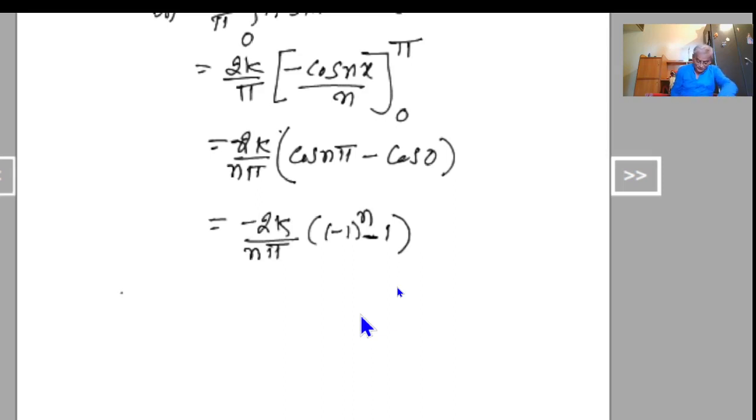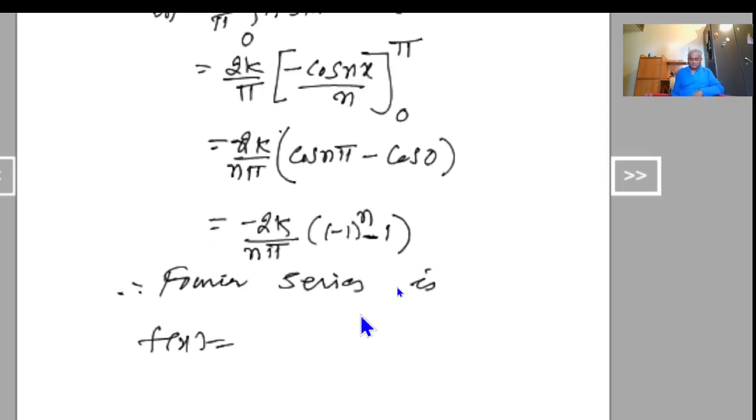So therefore the Fourier series is f of x equal to sigma n from 1 to infinity bn into sin of nx.